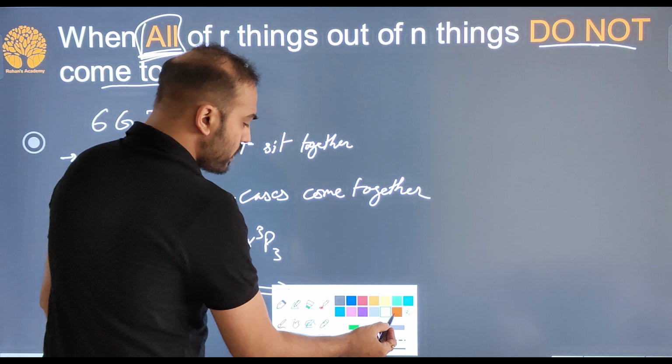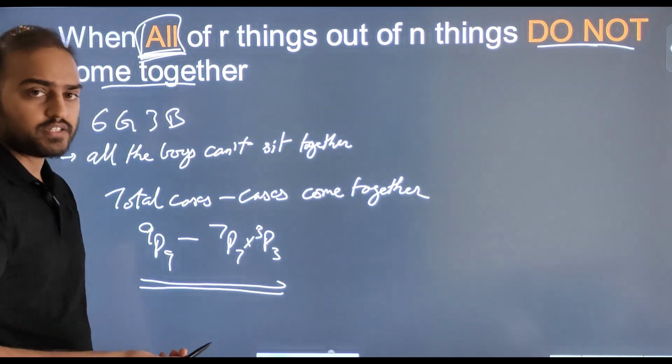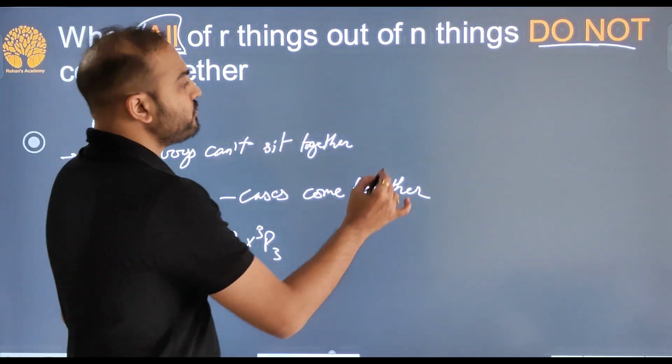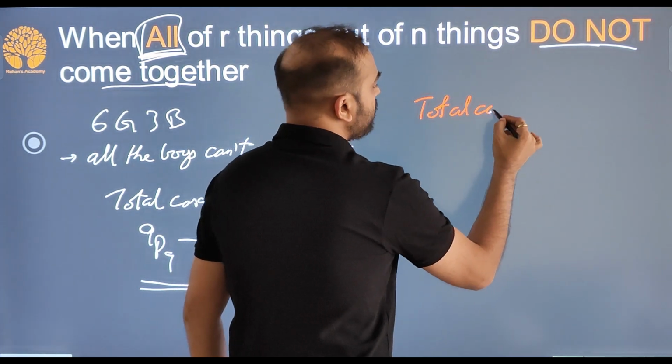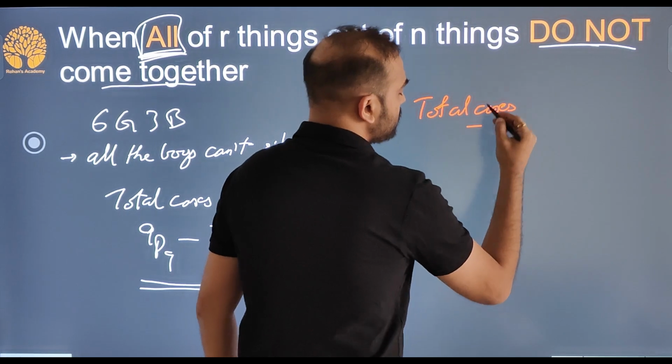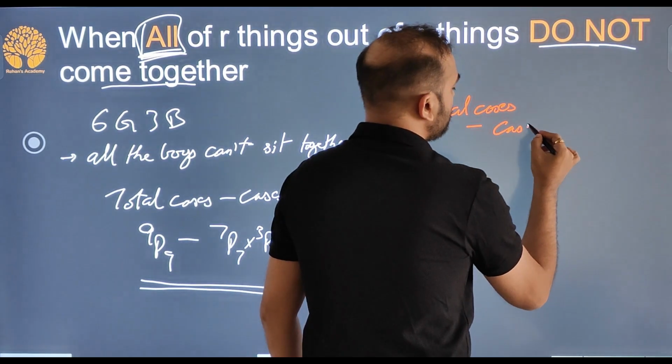So if you want to solve such a question type, it's very simple. You simply do total cases minus the cases when all come together.